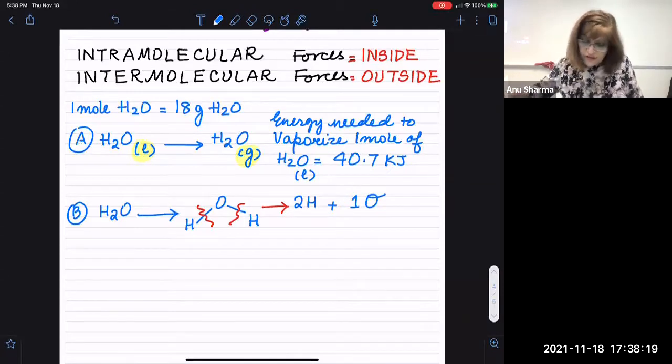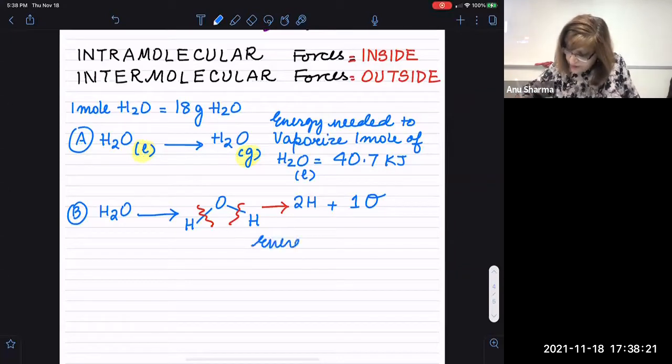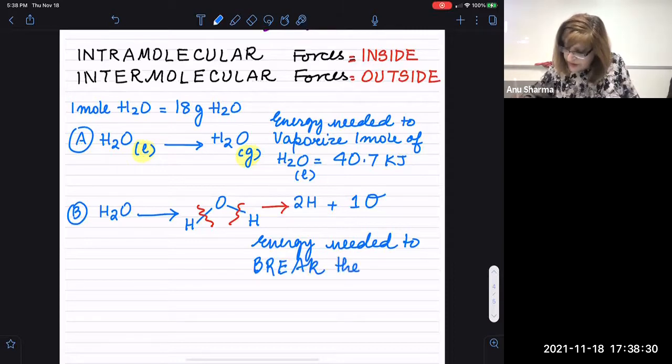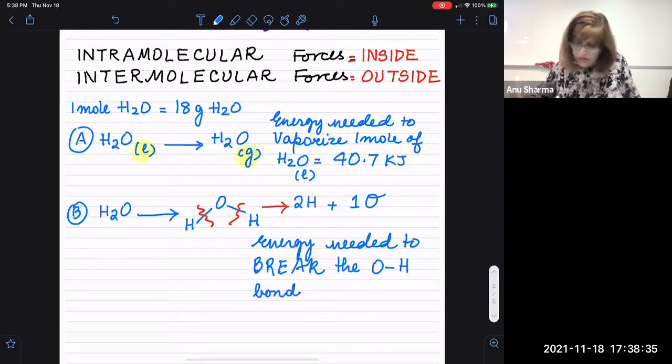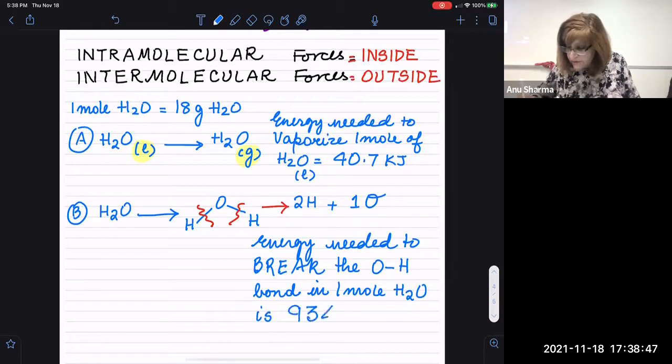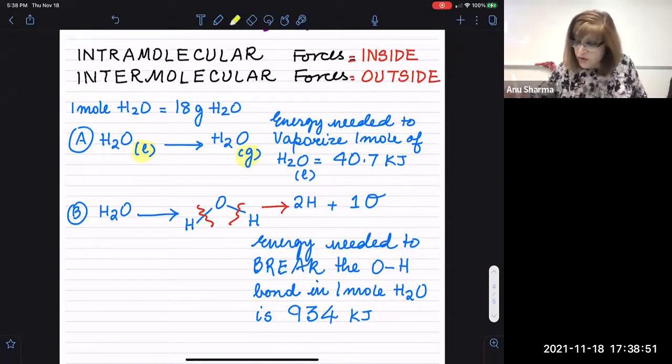So here, the energy needed to break, now this is actual breaking happening, the oxygen and hydrogen bonds in 1 mole of water is 934 kilojoules. That is the bond energy actually.